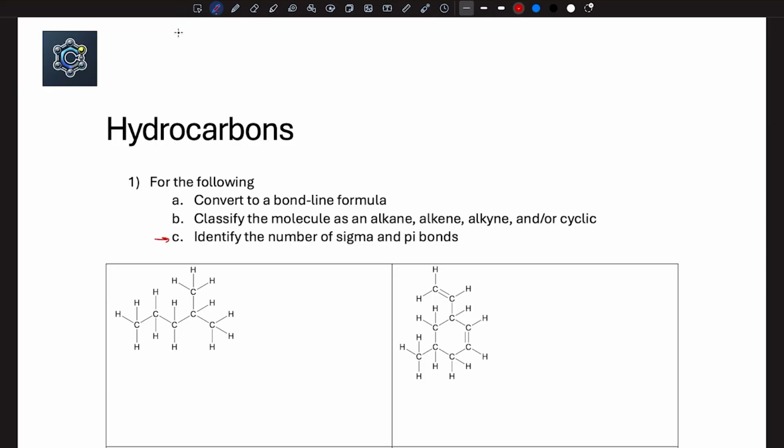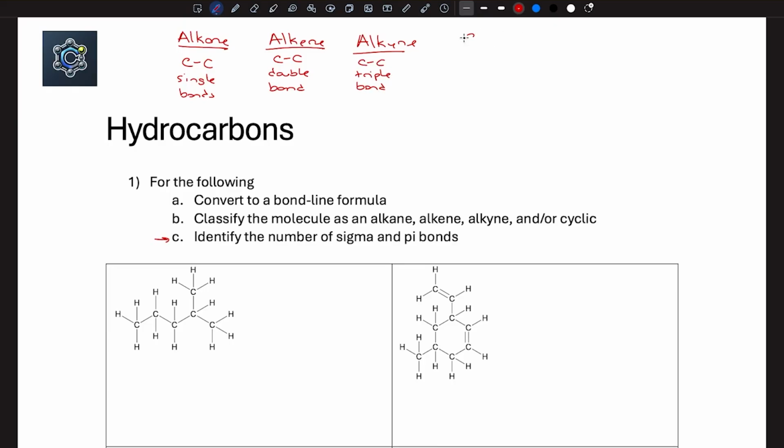Let's remind ourselves that a really easy way to tell it's an alkane is that it has only carbon-carbon single bonds. An easy way to tell if you have an alkene is a carbon-carbon double bond. An easy way to tell if you have an alkyne is a carbon-carbon triple bond.